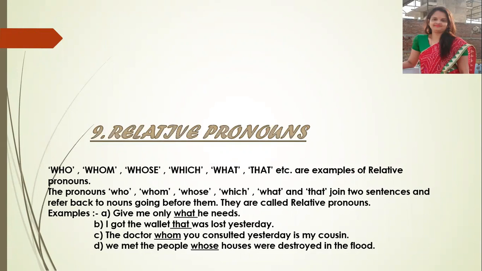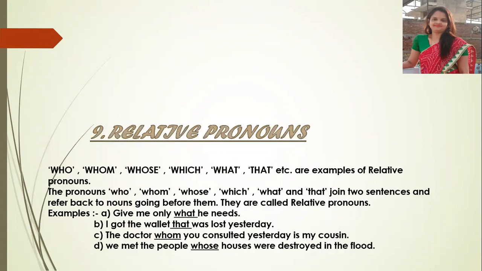Or, I got the wallet that was lost yesterday. Means the wallet which was lost yesterday, I got it. Here the relation is mentioned in the sentence, and two sentences are joined together. Those pronouns are known as relative pronouns.